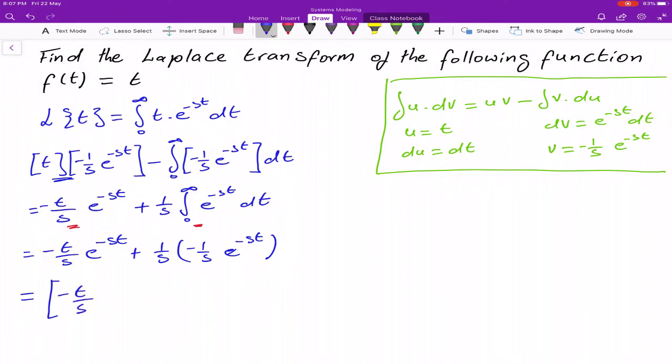Minus t over s e to the minus st plus multiplying this 1 over s times minus 1 over s will give us the minus. So this will be minus 1 over s squared times e to the minus st. Okay, then we are going to evaluate that between 0 to infinity.